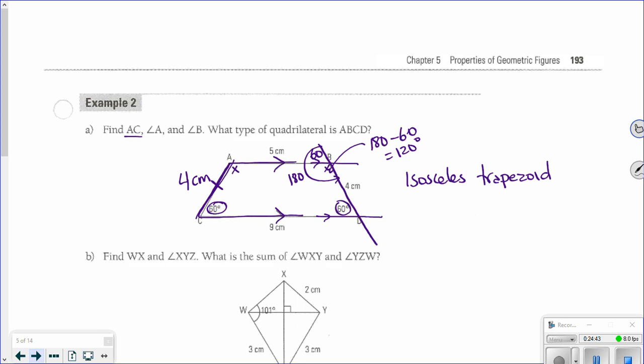Then I have 2 choices. I can think of the other side as a transversal as well, extend it out, do the same thing, or I know that all 4 of my angles in a quadrilateral have to add up to 360 degrees. So this piece up here is going to be 360 minus the 3 angles that I know.